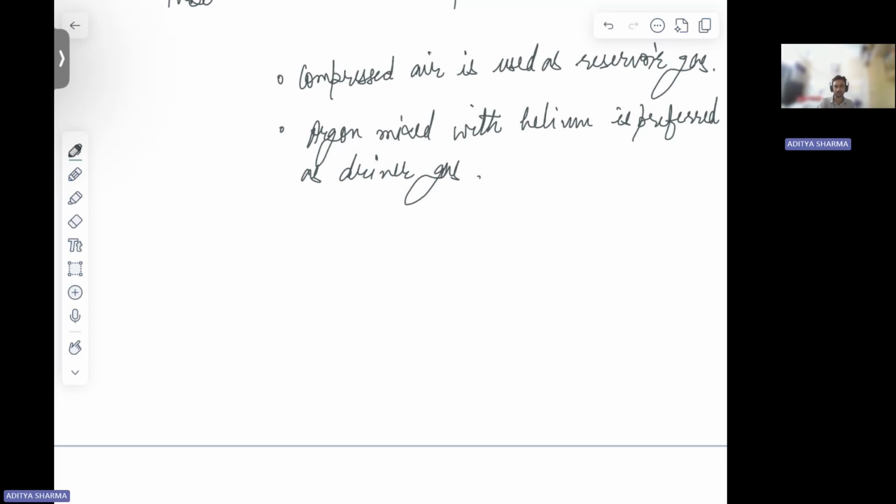Then we have gun tunnel. So let's see gun tunnel.